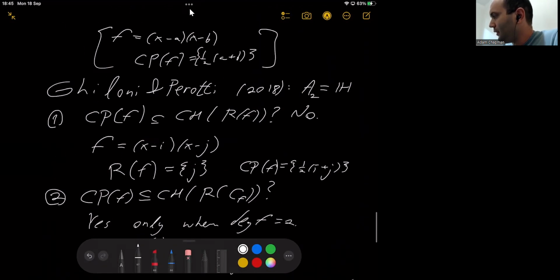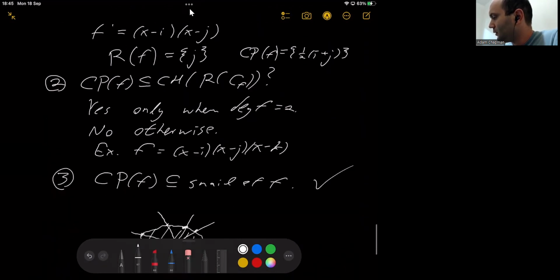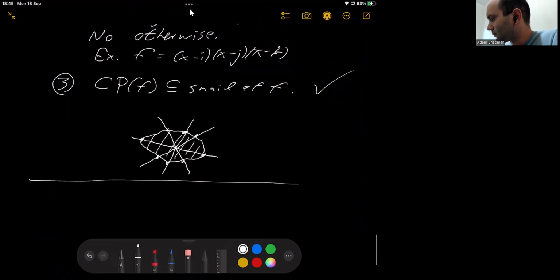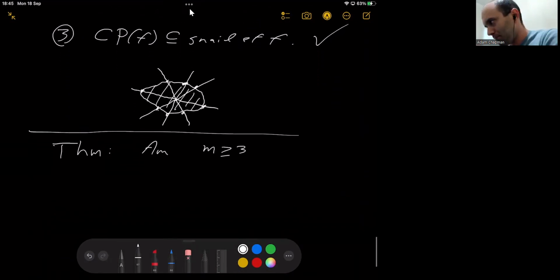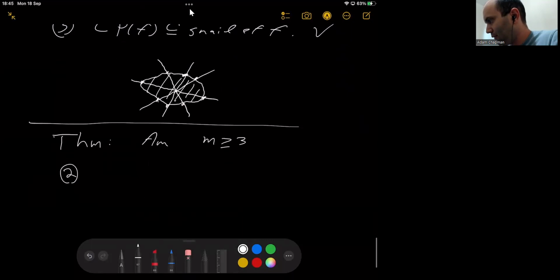And what do we do in this context? Here we study A_m, m greater or equal to 3. So number 2 is, again, of course, generally false because you can use the same example they used also over the octonion algebra.